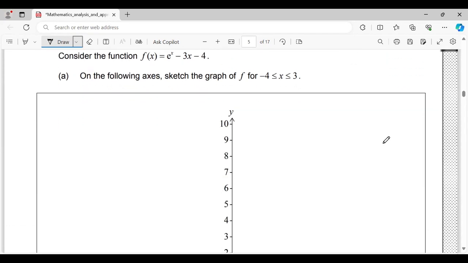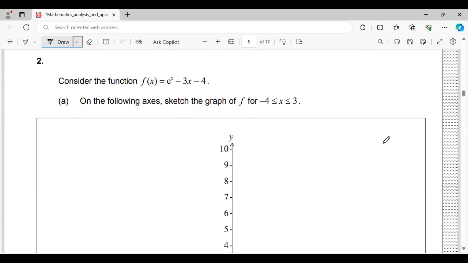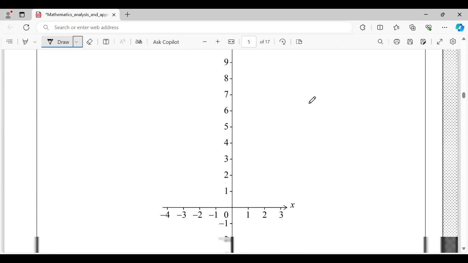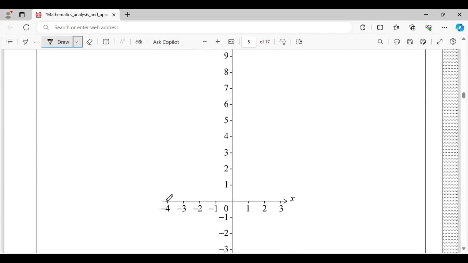2. Consider the function f(x) equals e to the power x minus 3x minus 4. The following axes sketch the graph with interval minus 4 to 3.